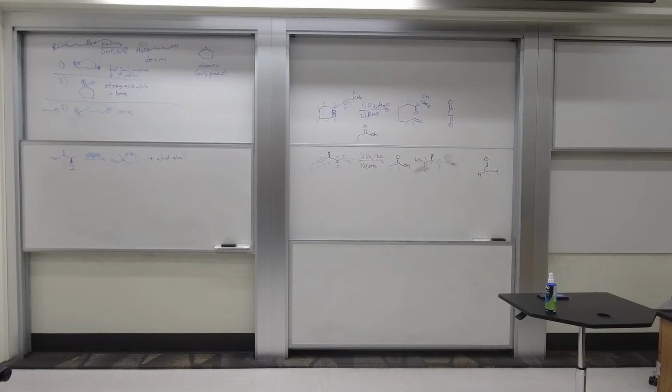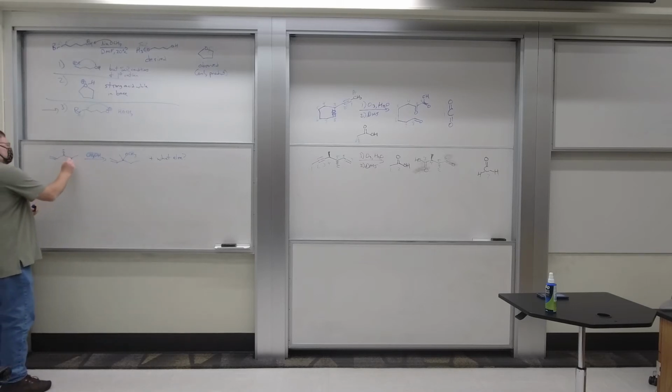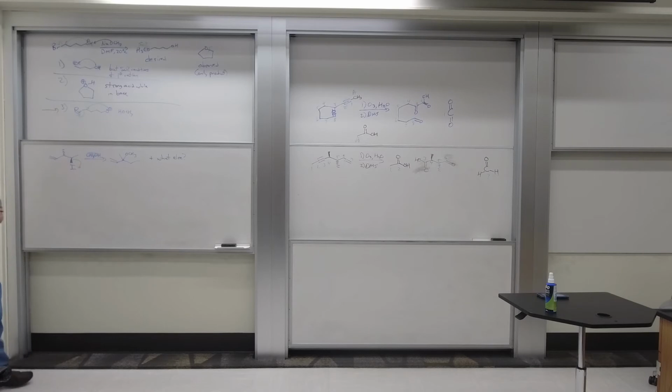What's the first thing that happens? Leaving group leaves. So just like in an SN2, I was looking through old exams, obviously, trying to build the new exam. And I seem to ask a lot of SN2 rate questions with different leaving groups.